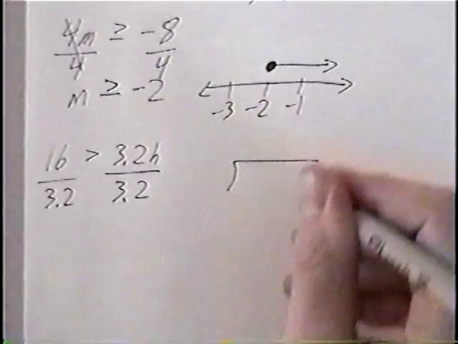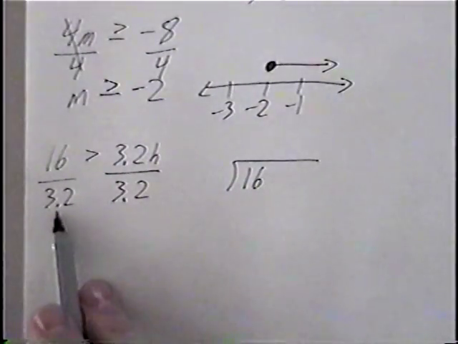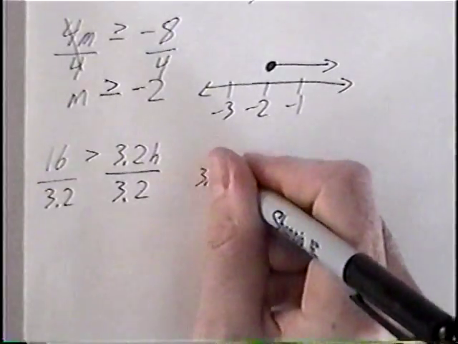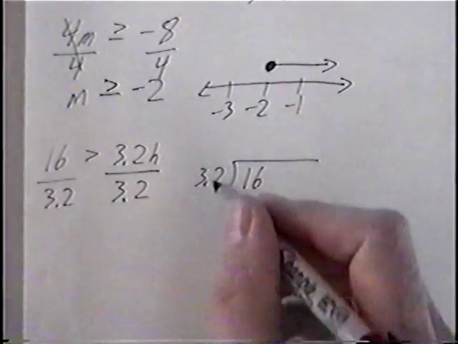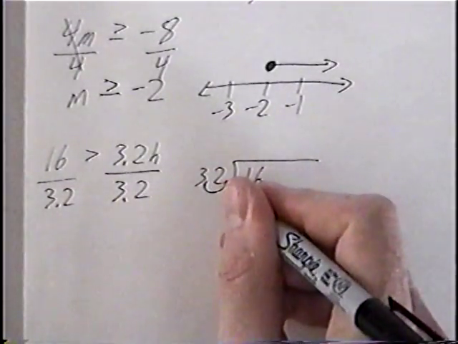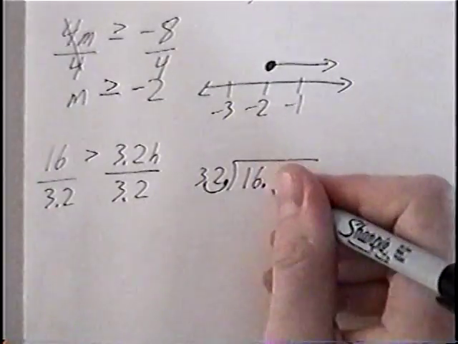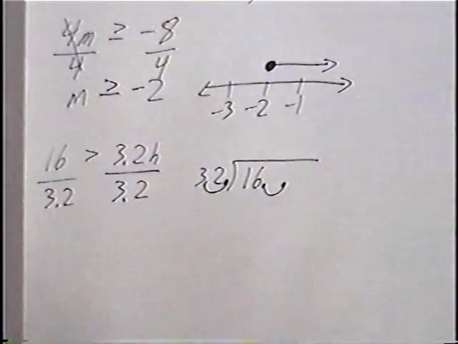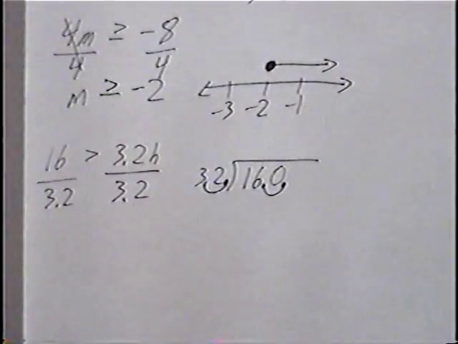We can do long division to solve. 16 would go inside the long division symbol. 3.2 would go outside. Whenever you divide by a decimal, we have to move that decimal over to make it 32. And if we move the decimal once, the 16, the decimal would also move once. And we can add a 0 to make it 160.